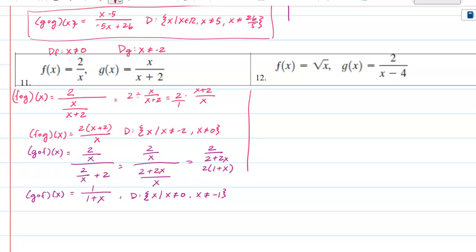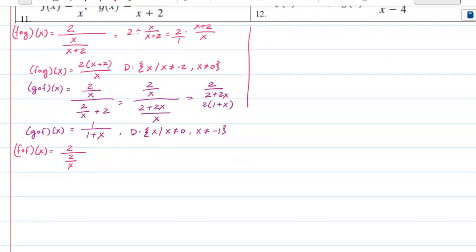Okay, next one. Let's do f of f of x. I'm going to take that and put it in like this. So I get 2 divided by 2 over x, which is 2 times x over 2. That just cancels out the 2's, so I get an x. f of f of x equals x.